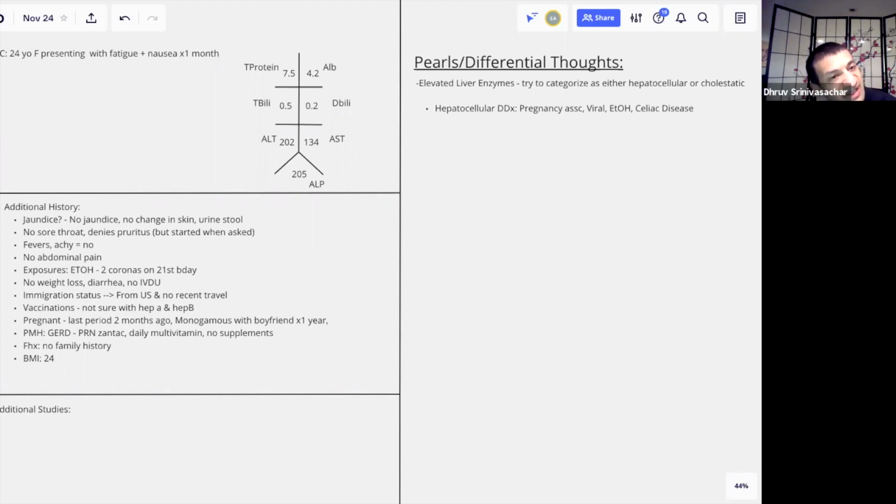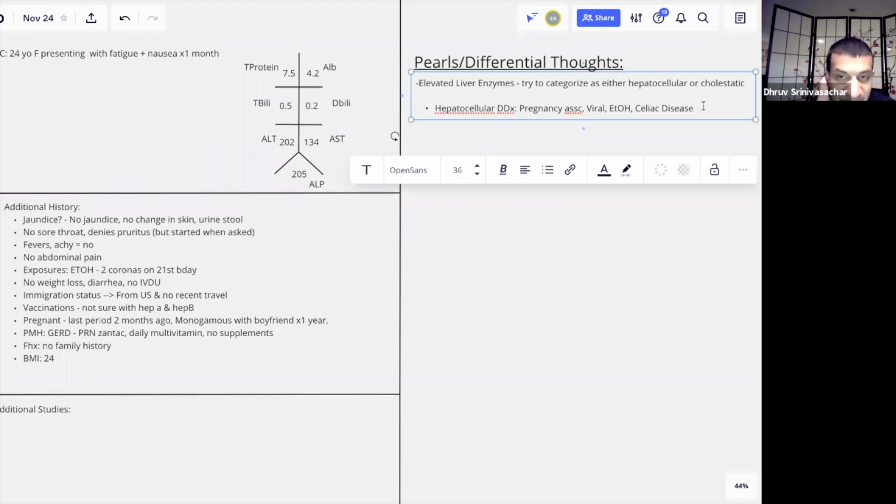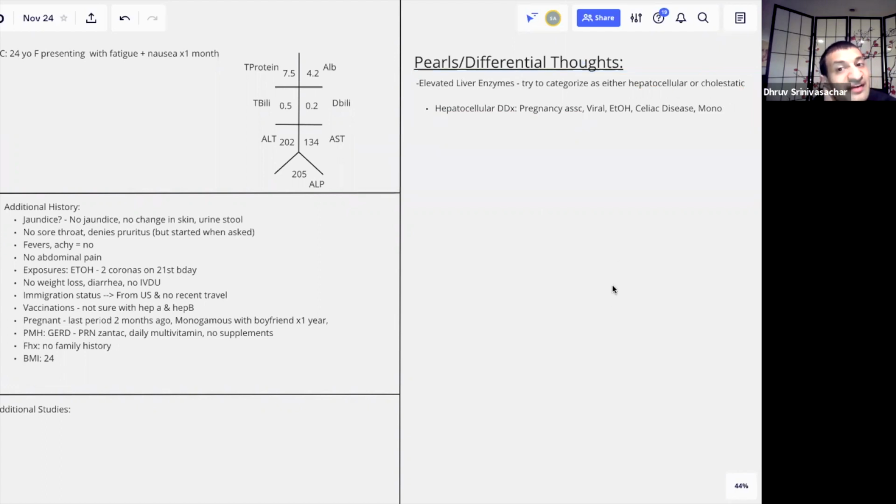There doesn't seem to be much of anything that would suggest that she has anything like HELLP syndrome or intrahepatic cholestasis of pregnancy or anything like that. Although I would want to get a pregnancy test regardless, especially if we're going to CT for imaging.